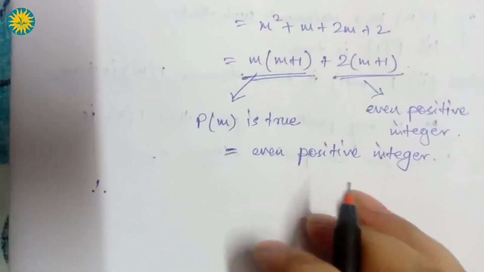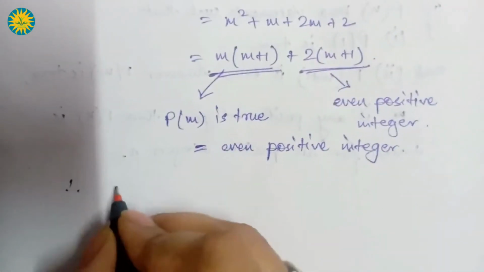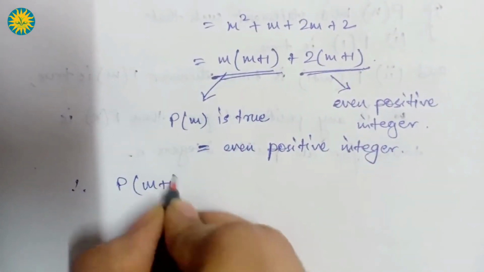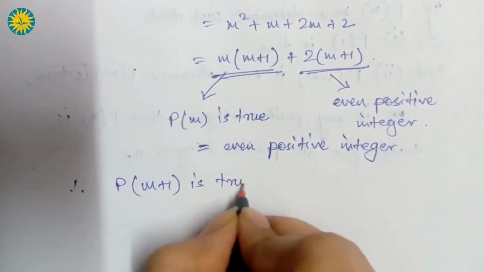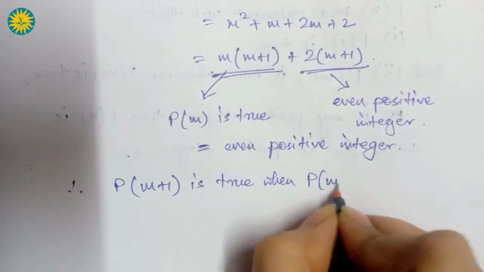Therefore, P of m plus 1 is true when P of m is true.